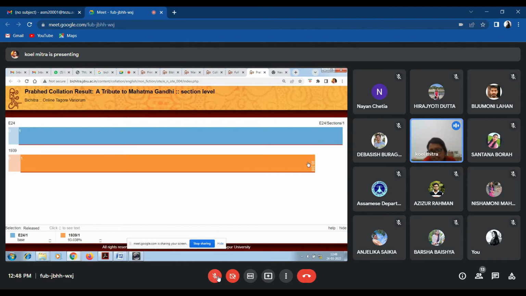The main text has 93.038% here. Which means what? The main text is lesser.